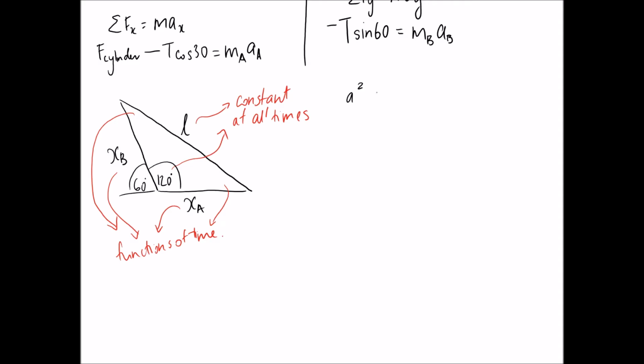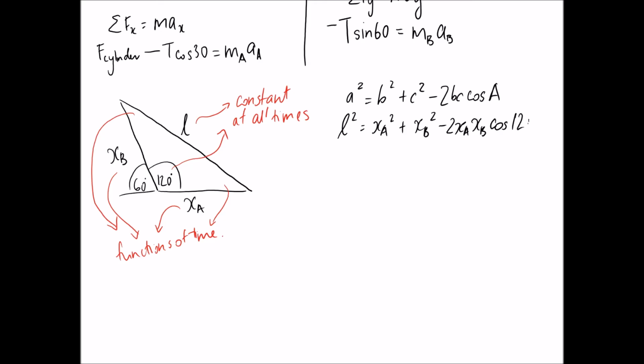So a squared equals b squared plus c squared minus 2bc cos a. That's the cos rule. So we're going to use this 120 as a. So that means that L has to be little a. So substituting in, we get that.